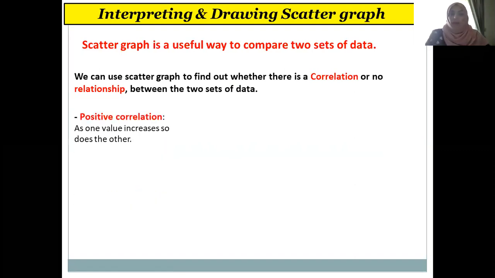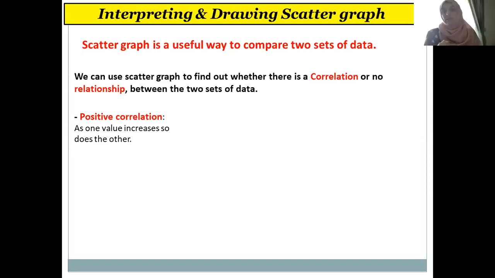We have different kinds of scatter diagram. We have something we call positive correlation. In a positive correlation, as one value increases, the second value increases. For example, when we are talking about a car, as more distance you travel, more fuel will be consumed.